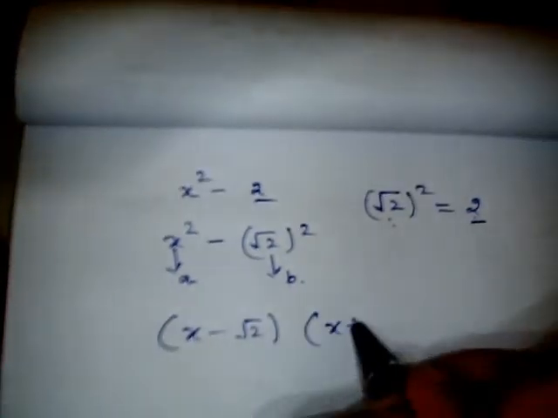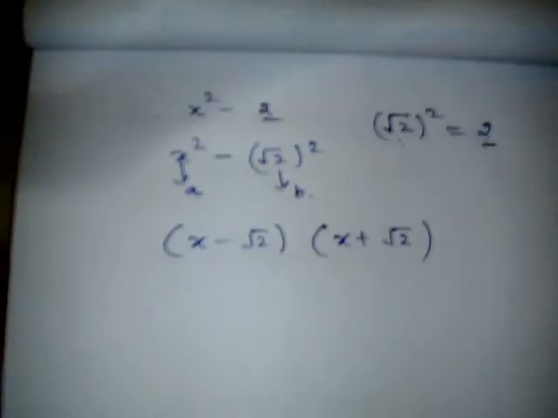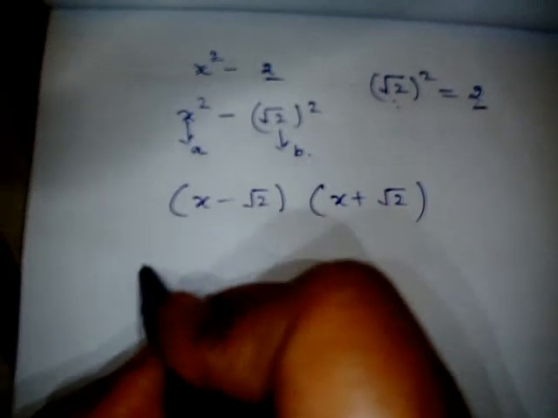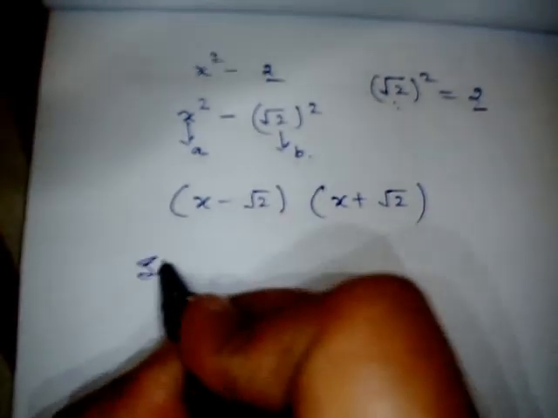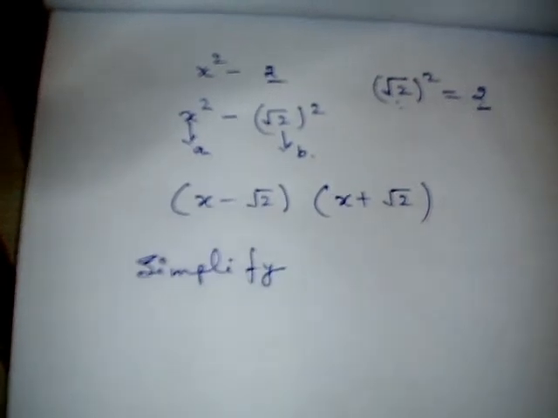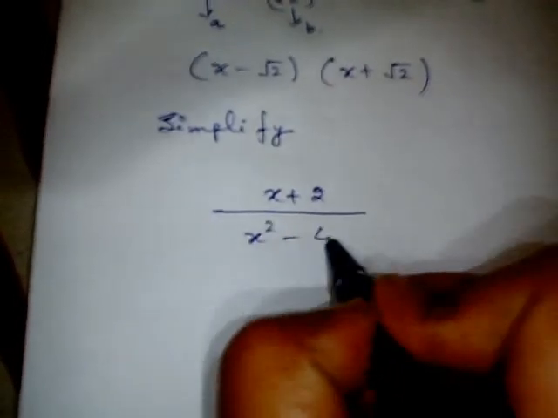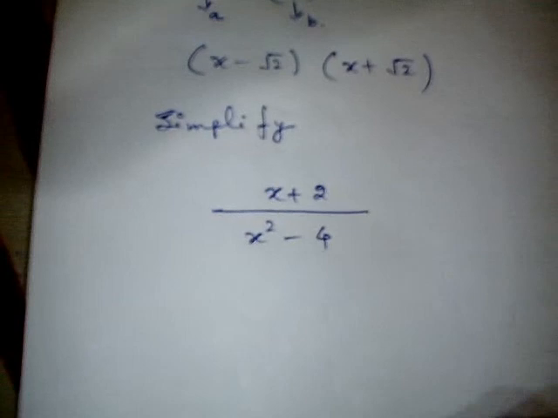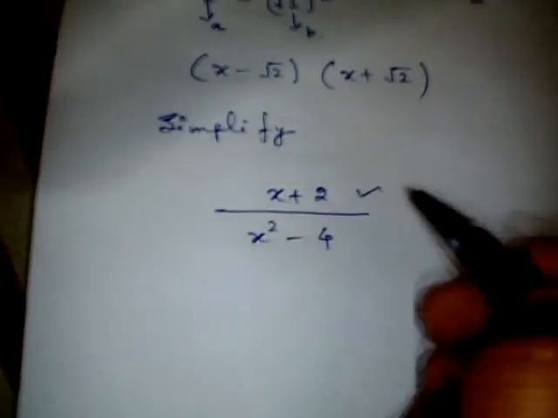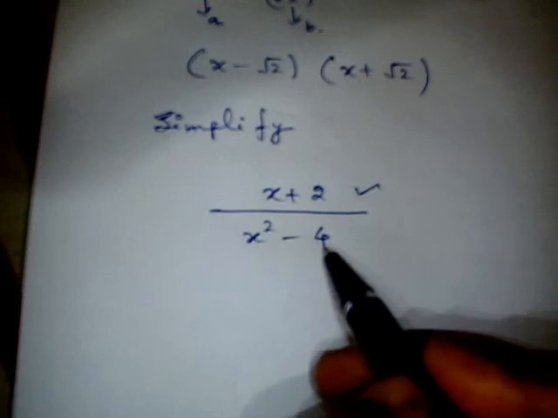Now suppose the question is simplify x plus 2 upon x square minus 4. This is already given in a simplified form, but here we can apply the difference of squares property we just saw, and simplify. The upper part stays the same.